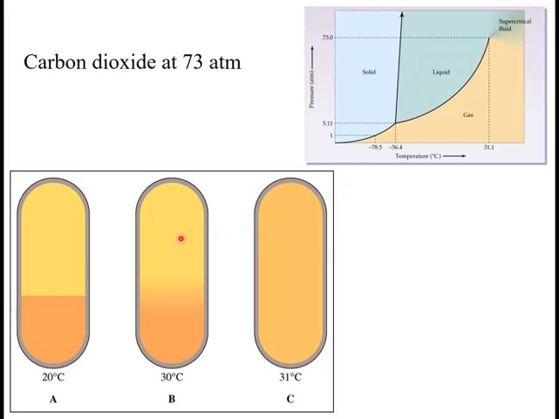Well, I take that back. They can't all be at 73 atmospheres because there's no pressure there. Never mind. But at 73 atmospheres and 31 degrees, this all changes to a combination of this yellow and orange. So it's a lighter orange, and the whole thing switches into that supercritical fluid state. Like I said, it's actually state.